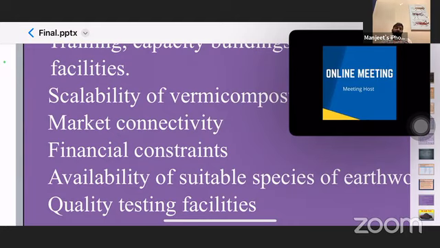So for marketing of vermicompost, there is a need to find market channels like farmers, nursery growers, kitchen gardeners, etc. Financial concern: no huge amount is required to start a small scale vermicompost unit.